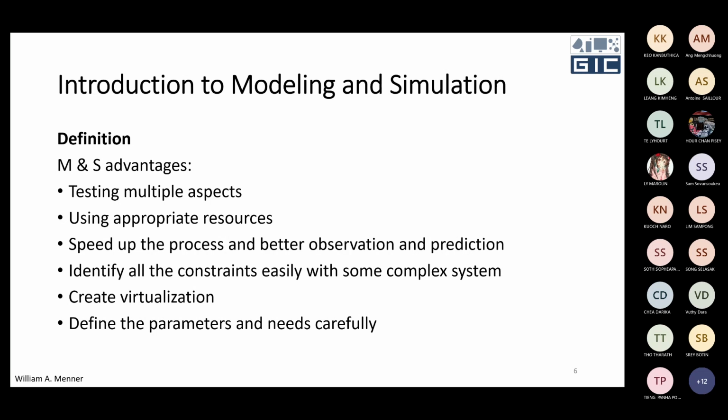In this case, when we try to manage something, or experiment with some system that you haven't developed yet, or sometimes you cannot develop it, for example, if I make a simulation, the advantage of modeling is that you can test multiple aspects. What does it mean in this case?